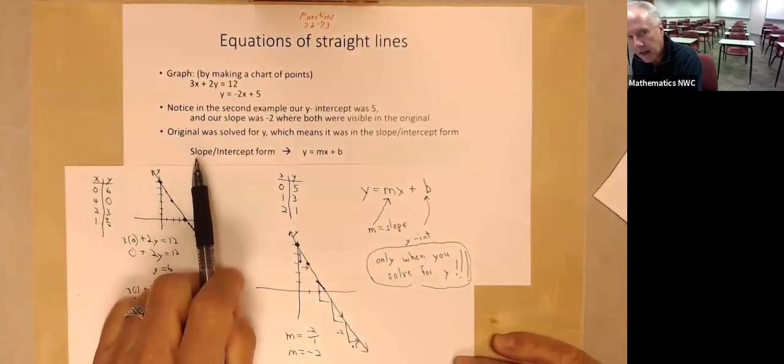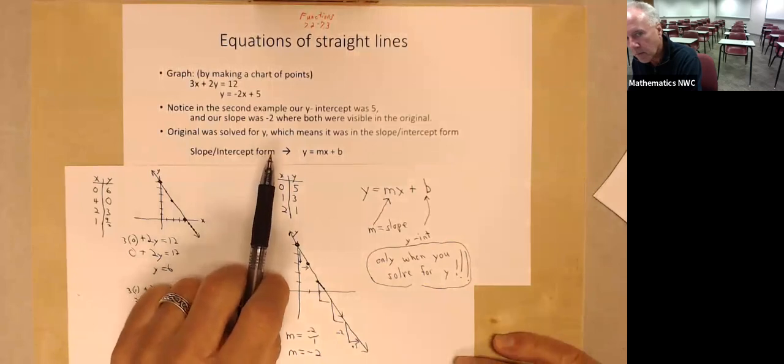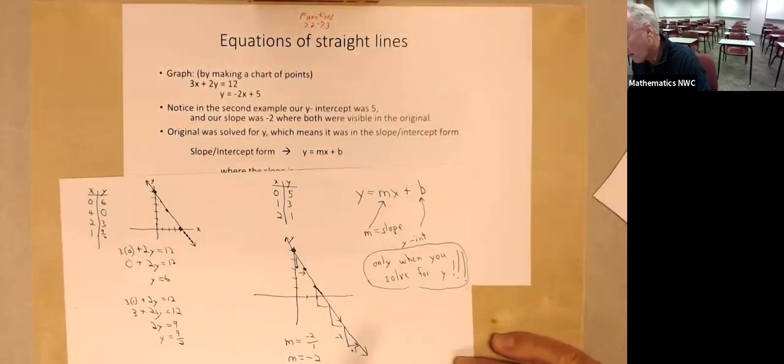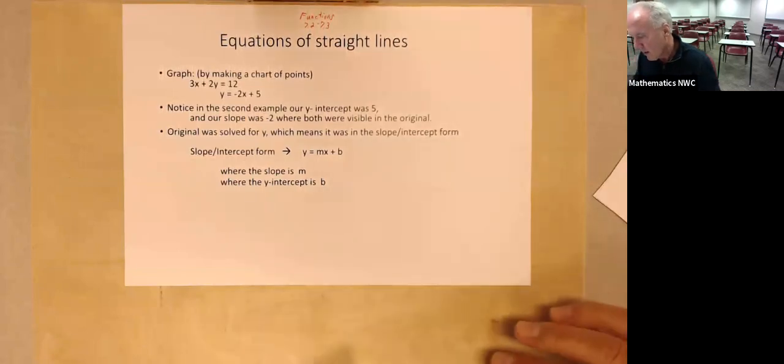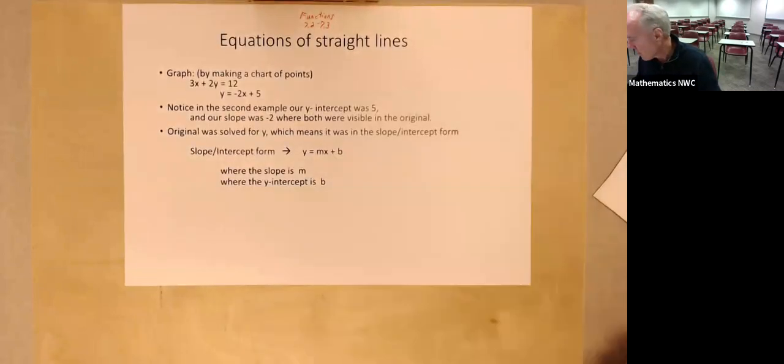So we'll list it as slope-intercept form, y equal to mx plus b, where m is the slope and b is the y-intercept. Using that, then, we're just going to practice graphing a bunch of these equations.